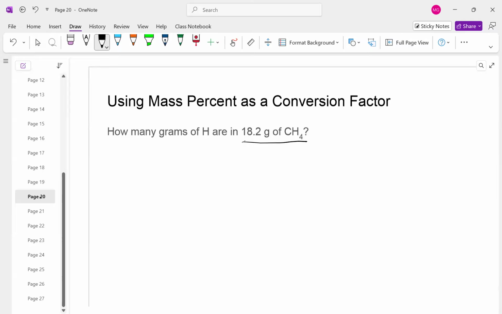Okay, now in order to answer a problem like this, we have to find the mass percent of hydrogen first. So we've got to do that. We kind of did that a couple of problems ago. I'm going to do it again just so that we get the practice on this. So I want to find the molar mass of CH4.